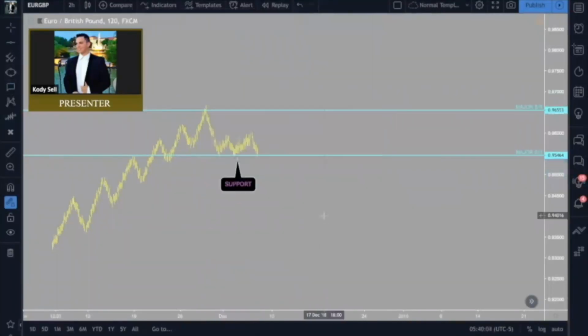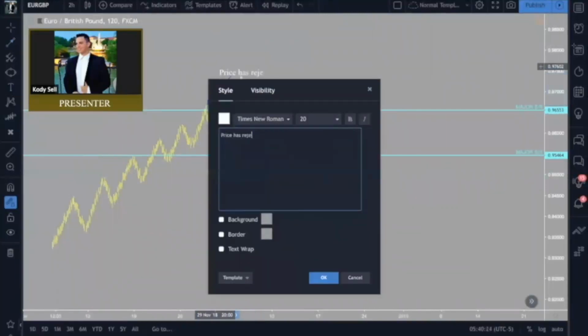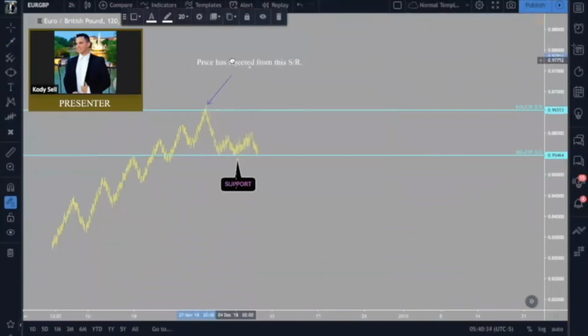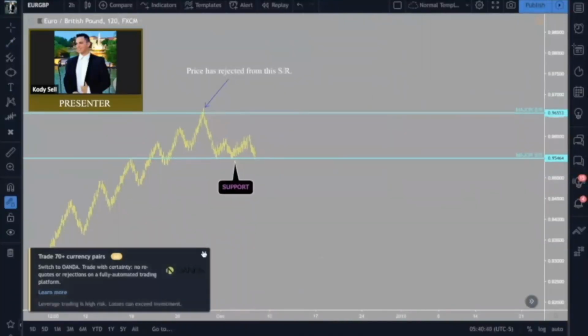All right. So the first thing we've noted is that price has rejected from this support and resistance level. So that's the first sign that we've got a support and resistance level.